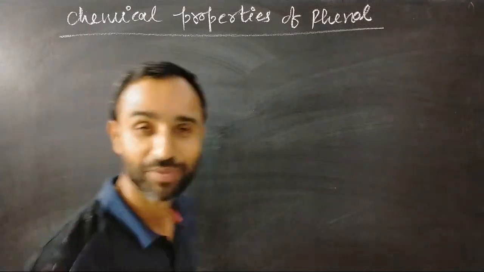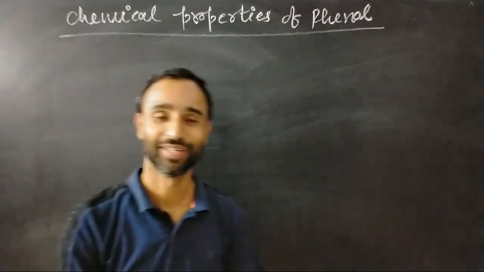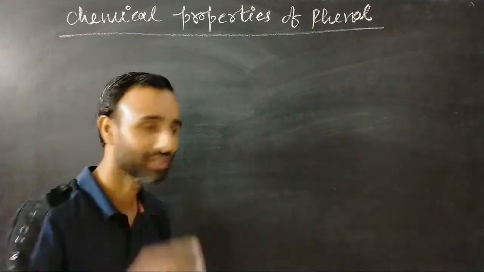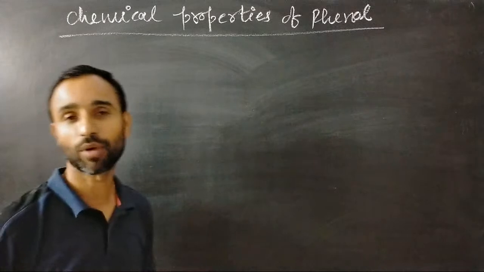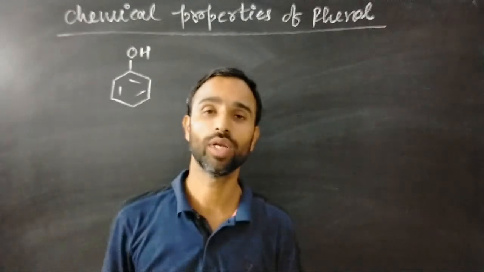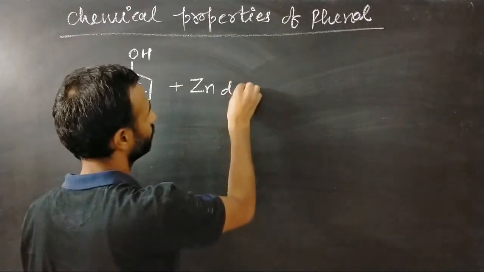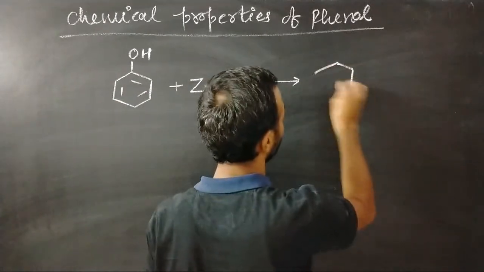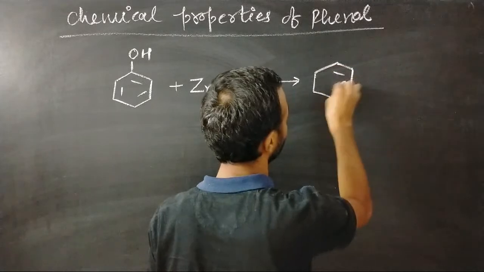Okay, good evening. Today I will take care of you all. So, chemical properties, first of all, phenol. Phenol has an OH group. So, when phenol is treated with zinc dust, then we get benzene.